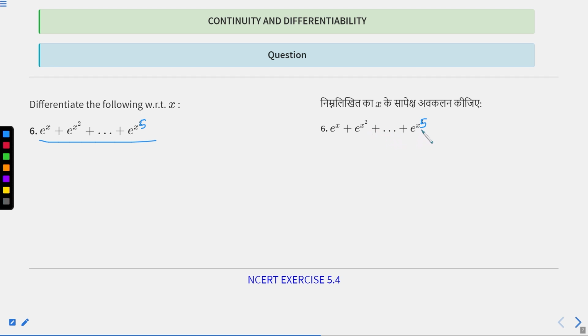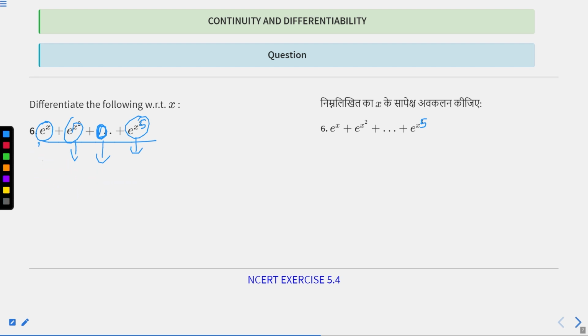Yes, it is going till 5. Clear? If this is your expression, how are you going to find the derivative? Very simple. Find the derivative of each term here, and then add them. That's it. You have to do this simple task.